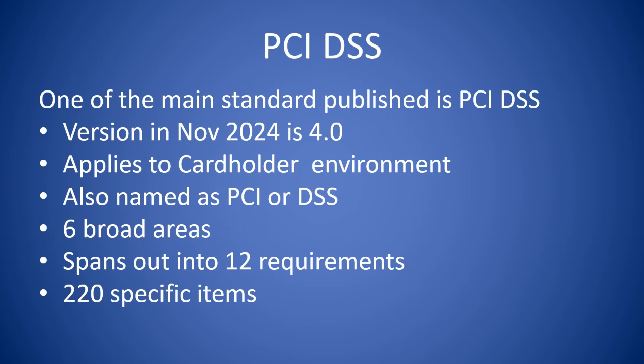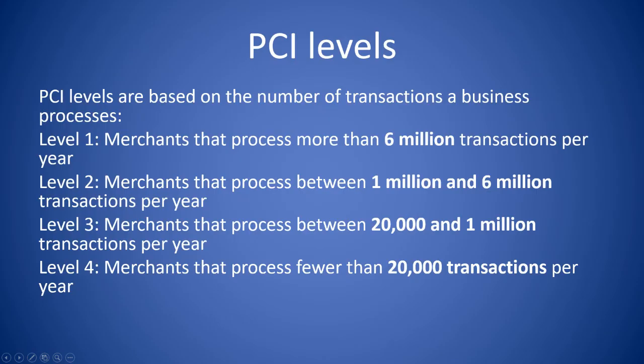PCI DSS is categorized. It breaks down into 6 broad areas and then spans into 12 requirements and 220 specific items that talk about each and every control requirement to comply to PCI DSS.